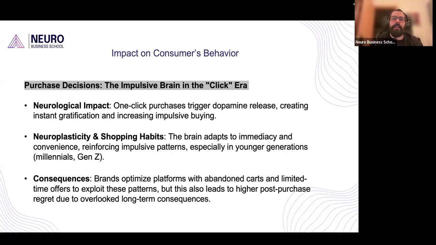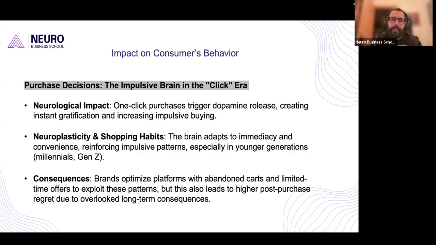But now there are a lot of one-click purchases. You can buy things, and the friction with the website is almost zero. So this kind of experience, when you are buying something, also triggers the dopamine release, because it's so easy and it feels like a game again. You just click and apparently you are about to receive something that you wanted.